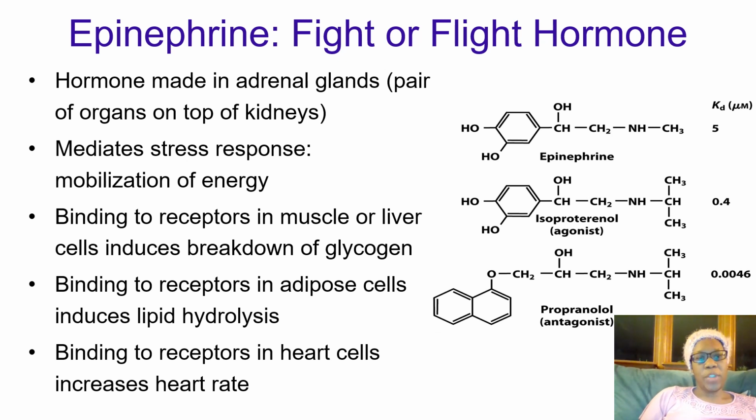It also binds to receptors in fat cells because fat is another source of energy for us. It also binds to receptors in heart cells to increase our heart rate.